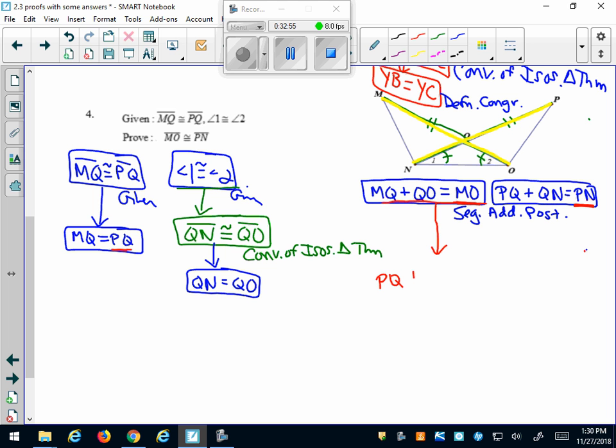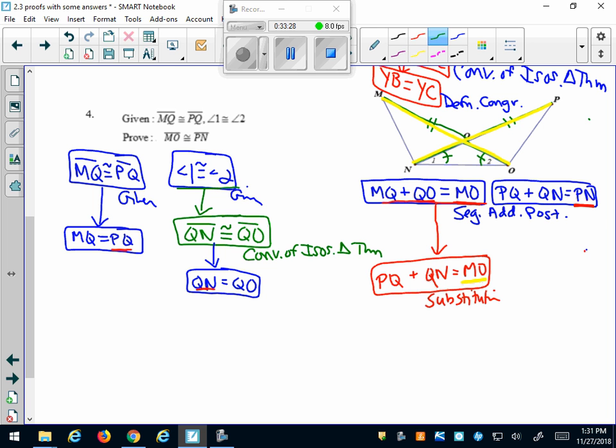I'm going to kick out the QO and replace it with a QN. But I'm going to keep MO. I want to keep MO because that is in my proof, right? I'm trying to get that MO to be equal to PN.